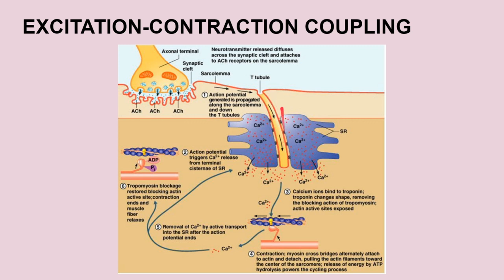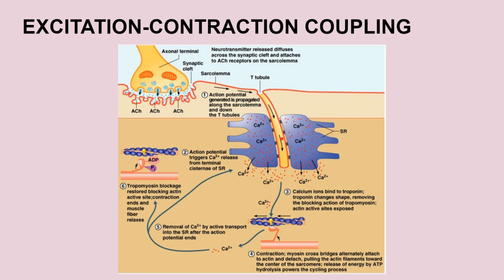Now when this action potential reaches the tip of the T tubule, over here, if you remember, these are the L tubules, and on the membrane of the T tubule there are DHP receptors, dihydropyridine receptors, which activate the RYR, that is the ryanodine receptor, on the L tubules.